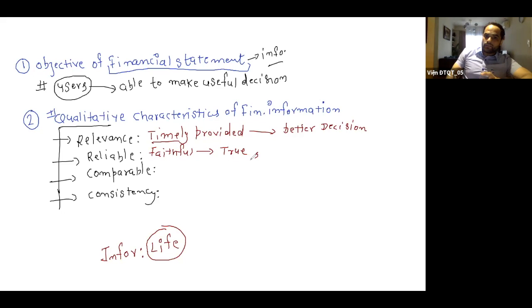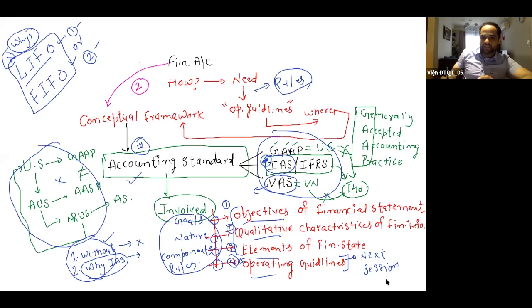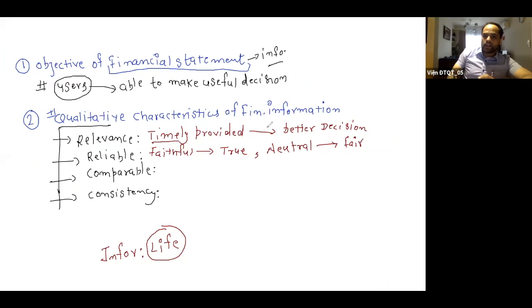Besides faithful, information must be neutral. Neutral means fair. Okay, so let me go back to the users in order to understand this neutral or fair.